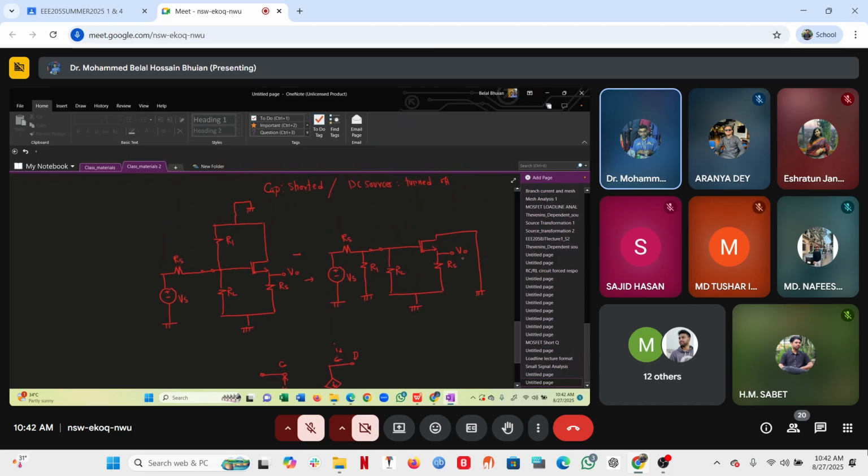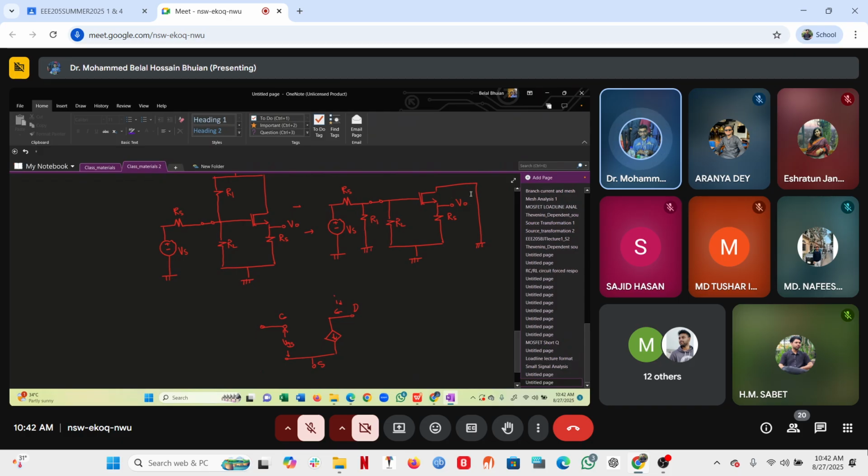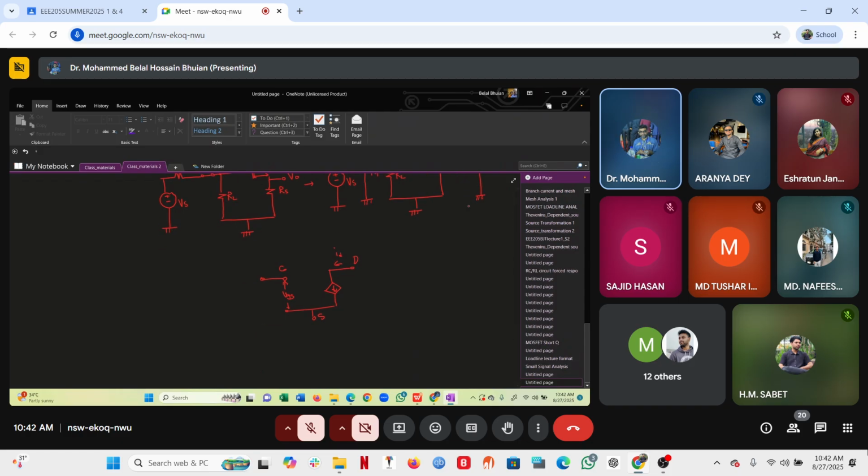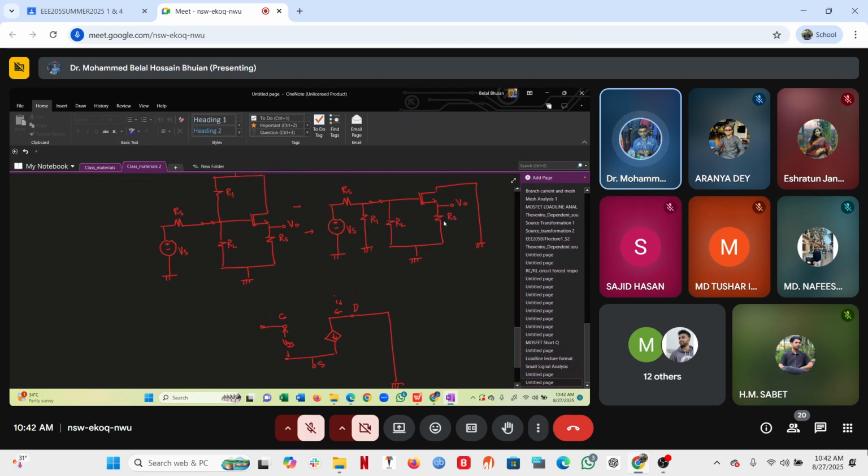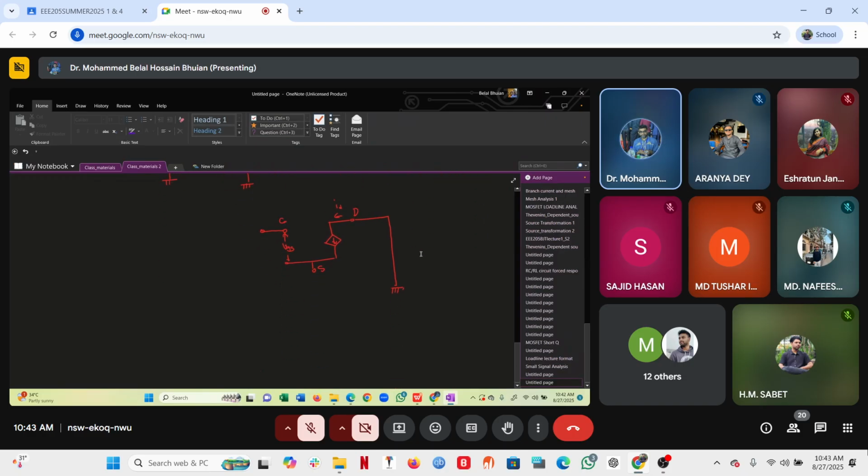Now, what are the things connected? Okay, the drain is connected to the ground. What is the source connected to? The source is connected to RS, and through it, it's connected to the ground.